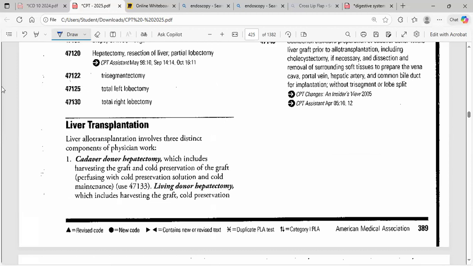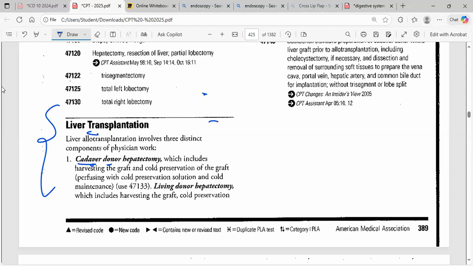Okay, now here we have the allotransplantation. Any organ transplantation includes three different components. The first part is the cadaver donor, or even the living donor.